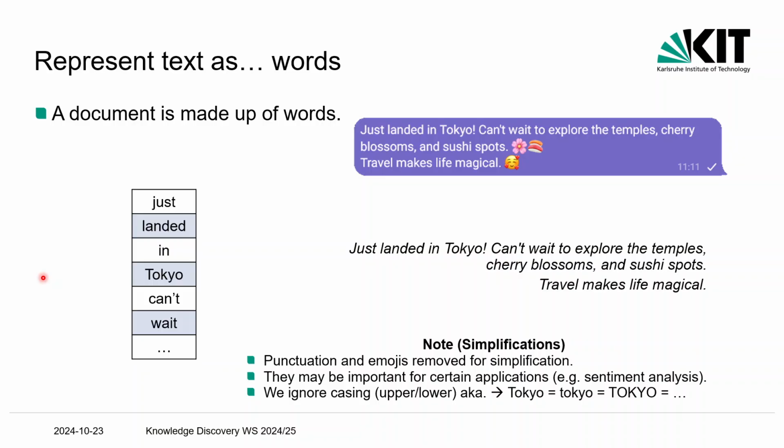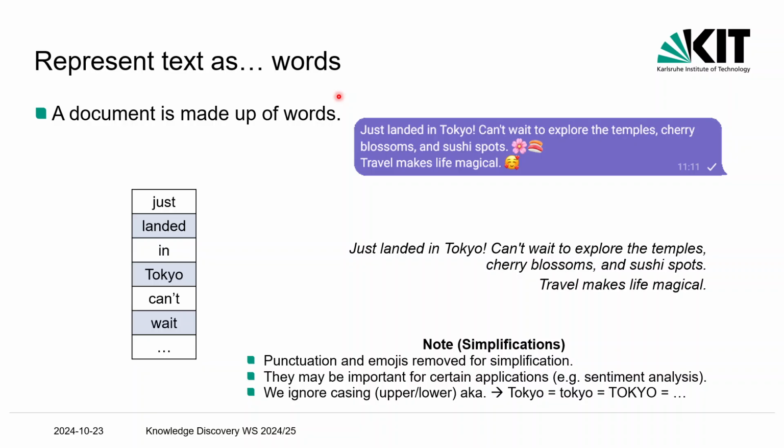For instance, if you want to do sentiment analysis or some disambiguation, it might help that for sushi you already have the sushi emoji, and for travel makes life magical, in order to figure out that people are actually being genuine and enjoying themselves, it might be useful to know that there's an emoji with hearts around it, so it's totally what they mean.